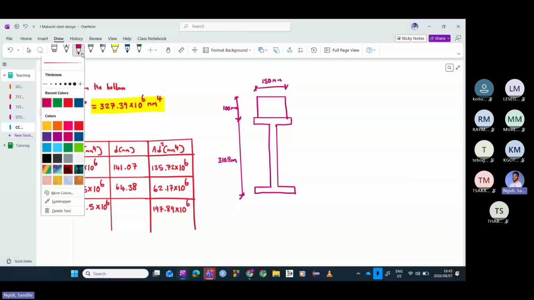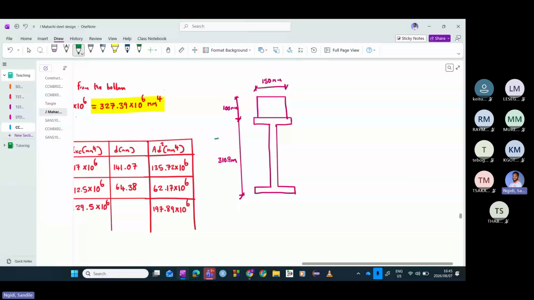And we did manage to find the position of the neutral axis. This line here is giving us the neutral axis.